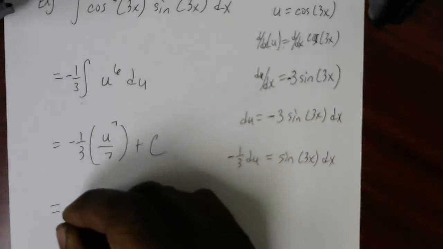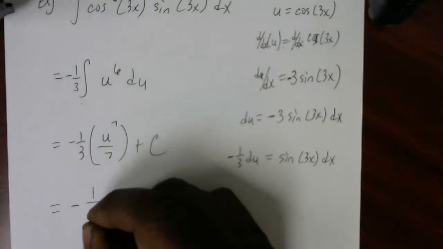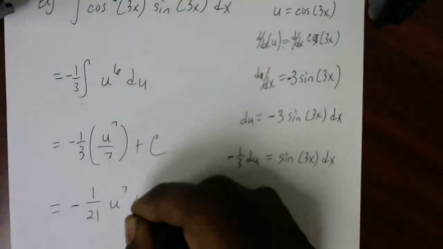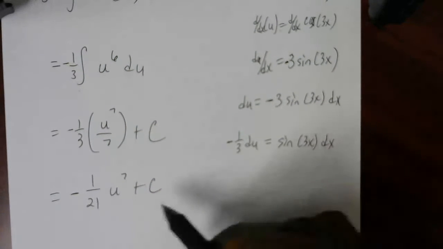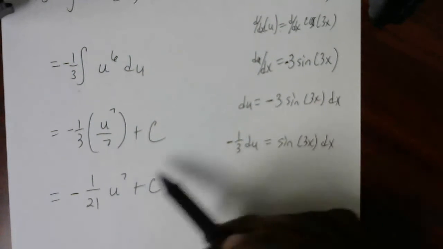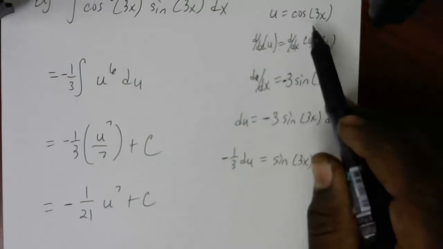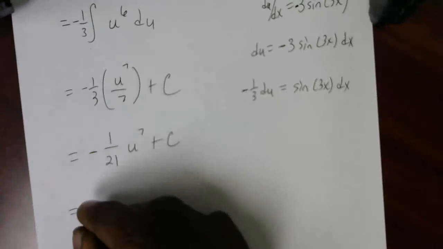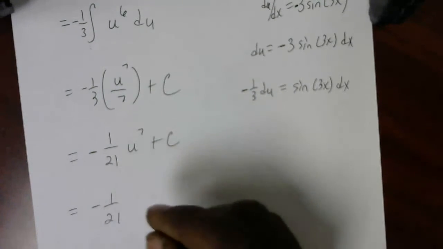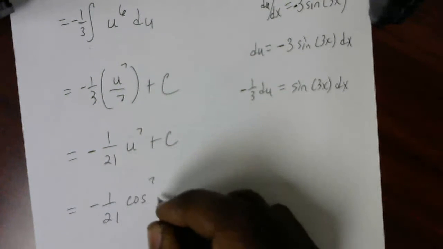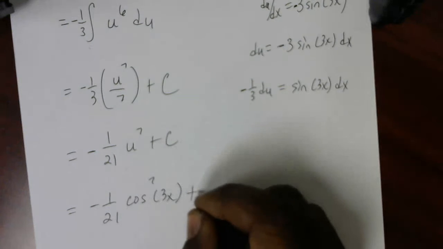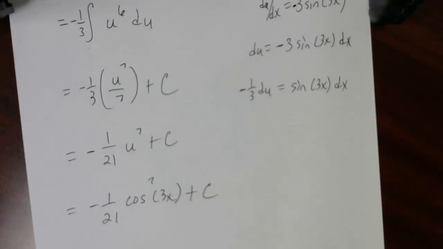Simplifying, this is negative 1 over 21, u to the 7th plus c. I'm going to back substitute u for cosine 3x. So we have negative 1 over 21 times cosine to the 7th power of 3x plus the arbitrary constant.